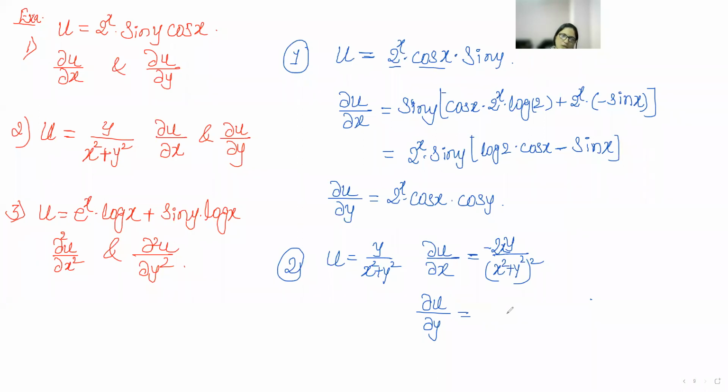On x square plus y square into 2y, means here it will be 2y upon x square plus y square only. Okay, we will now solve this later on. Something started going wrong here. I will solve it and give it to you.